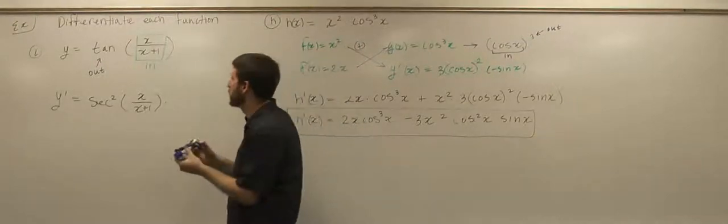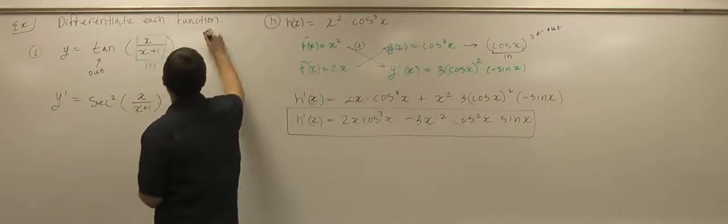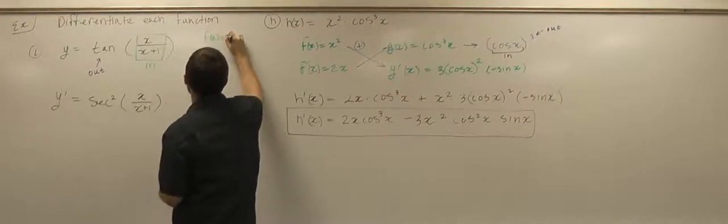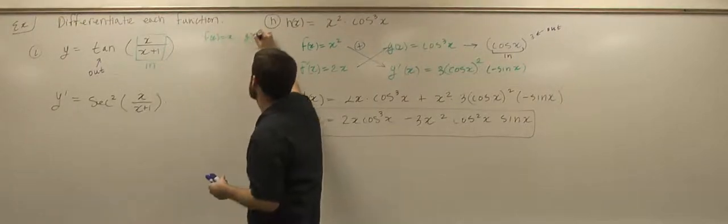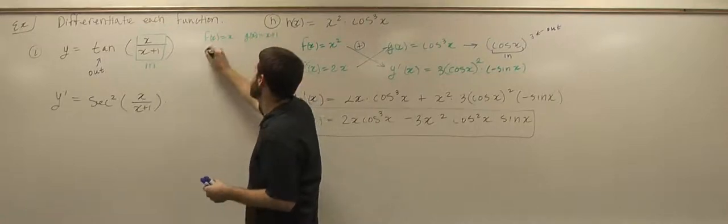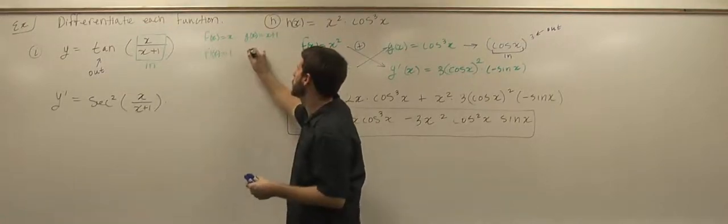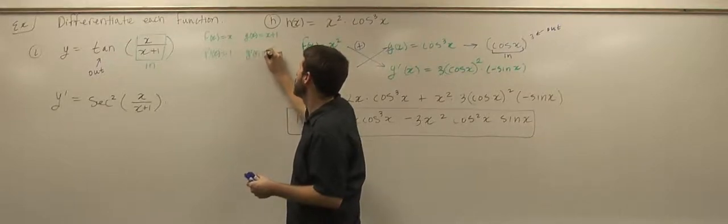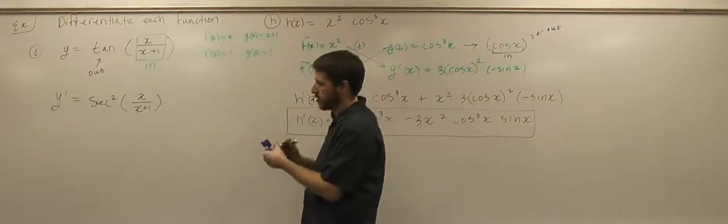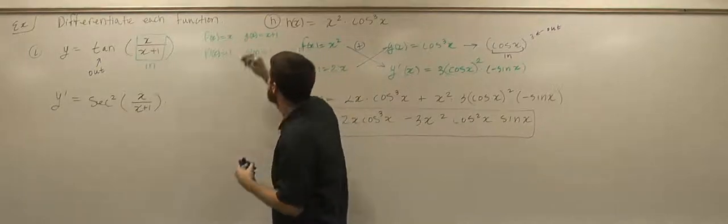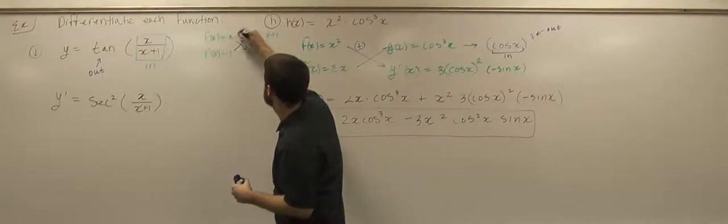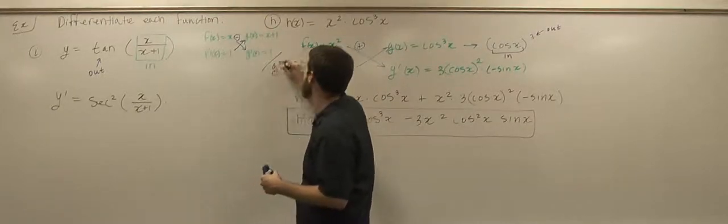So you'd have to do f of x equals x, g of x equals x plus 1. The derivative of x is 1. The derivative of g is 1. So then we multiply across, and then divide by g squared.